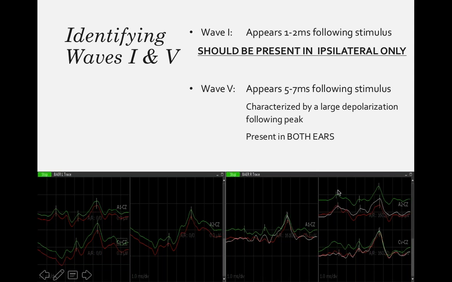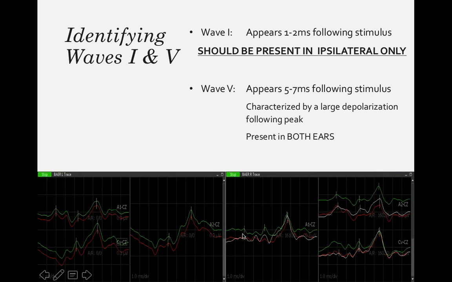And over here, we see wave 1. This would be the right ear, this would be the left ear. This is the contralateral ear for the left. We don't really see wave 1 here. We kind of see a little wave 1 in this trace, but not so much in the baseline or the other one, or the building. So I'm happy with this. But basically, first thing you want to identify is wave 1.